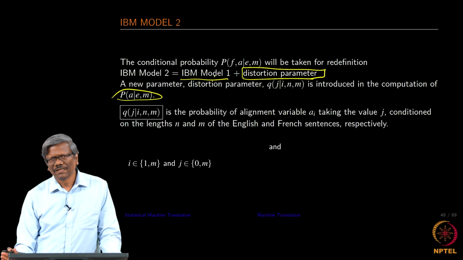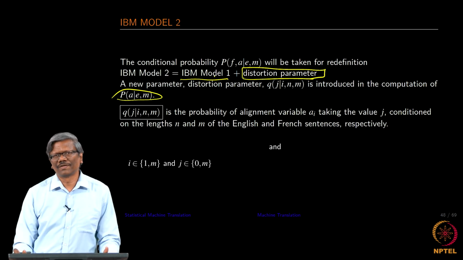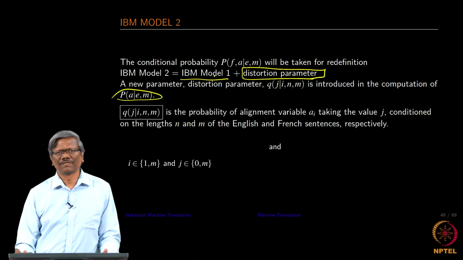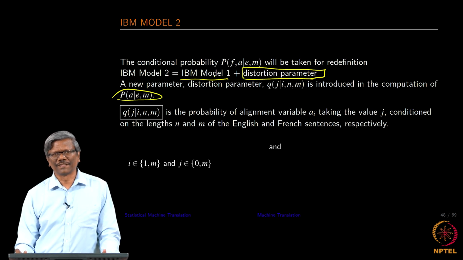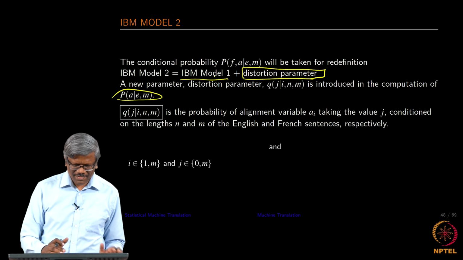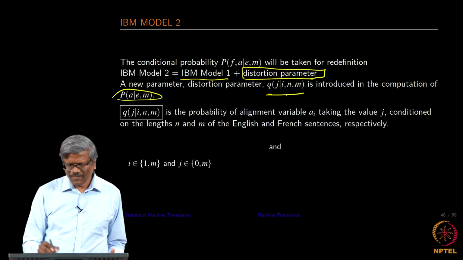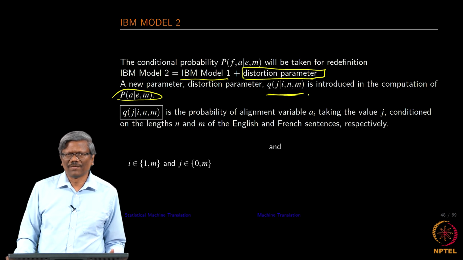One is the translation model based on the alignment, the English sentence and the number of words in the French sentence. We were able to find the translation of the given word into French. Okay. And then another one is the alignment probability. So, in this model 2, we will add an additional distortion parameter in the model.